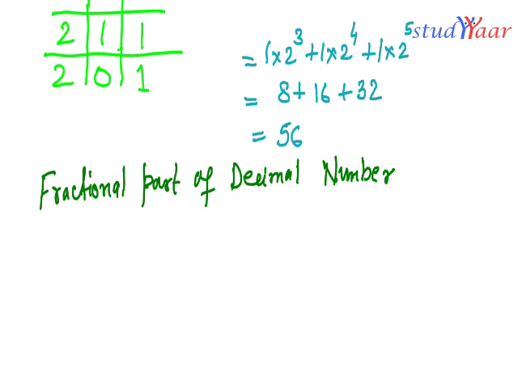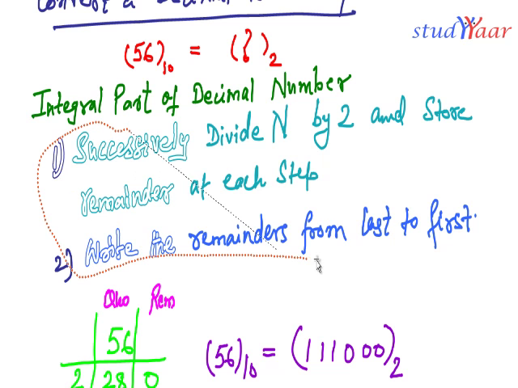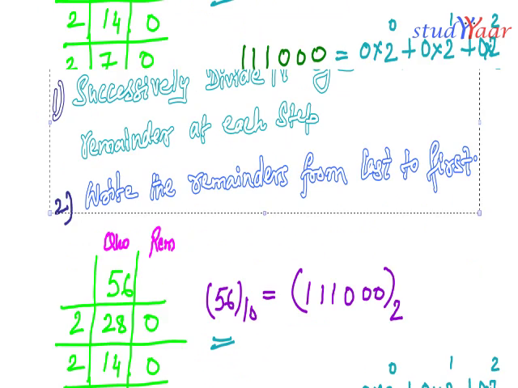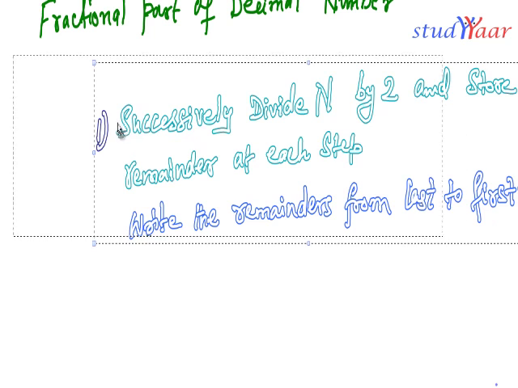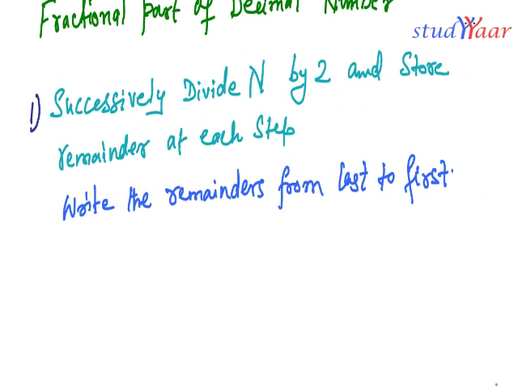The process is very similar, so I am going to copy these steps. I have it pasted over here. This was step number 2. My first step earlier said successively divide n by 2 and store remainder at each step.